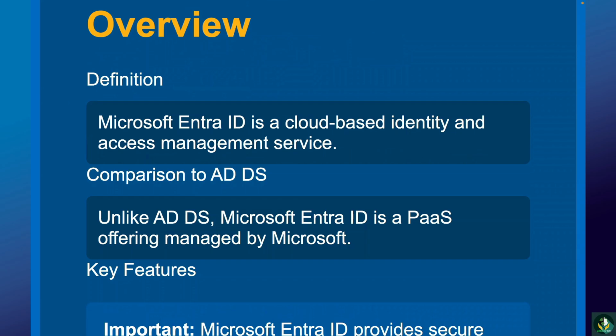While ADDS operates as a directory service on Windows Server, Microsoft Entra ID functions as a Platform as a Service, or PaaS, offering. This distinction means that Microsoft manages the infrastructure, reducing the burden on IT departments for deployment and maintenance.